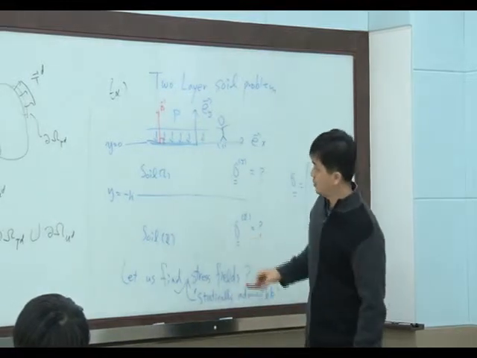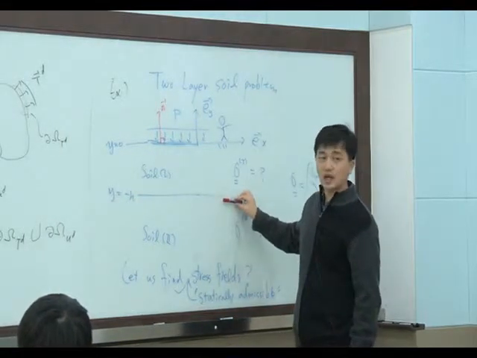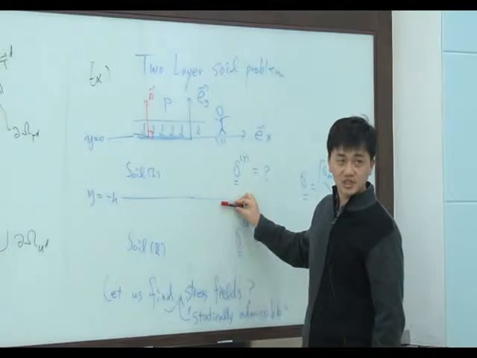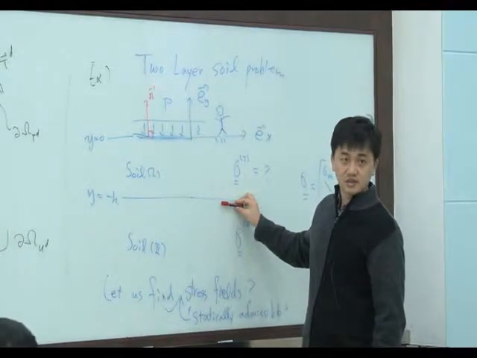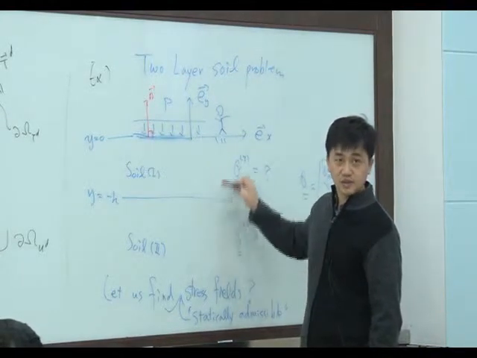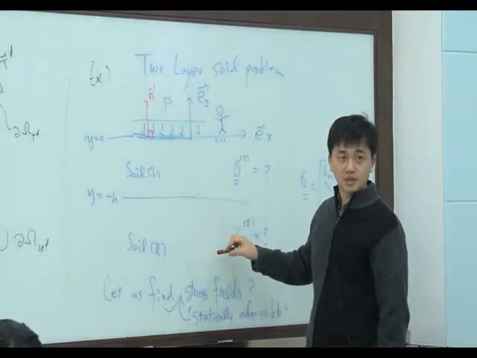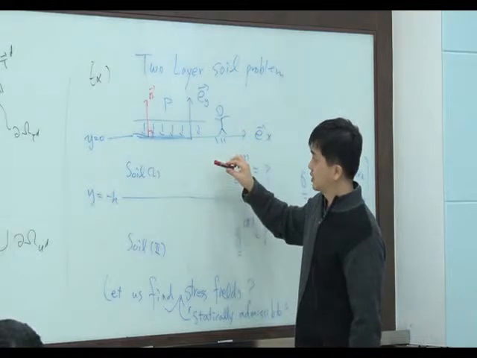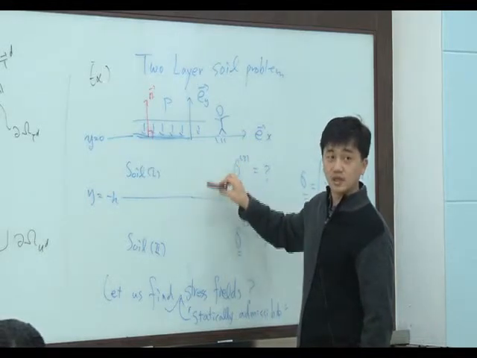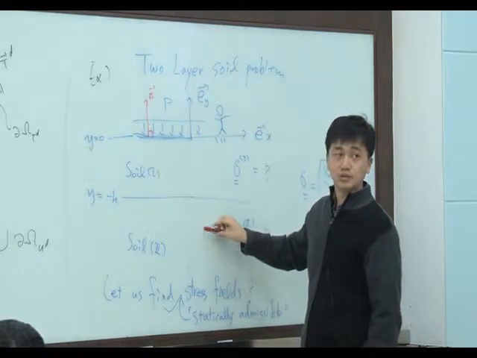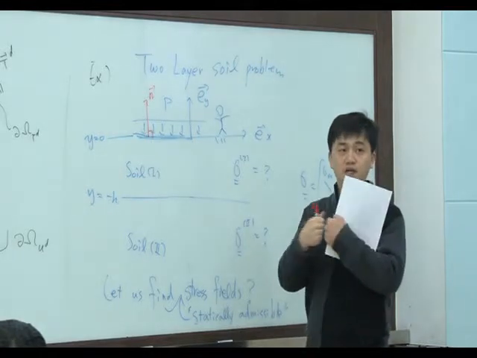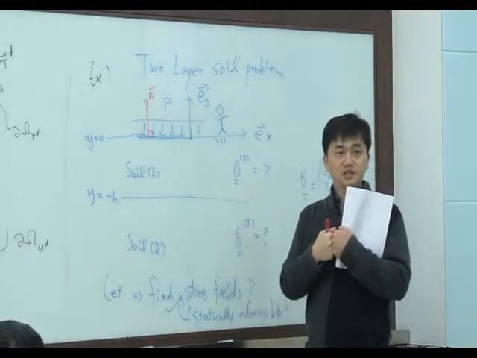Then now how about the equilibrium at y equal minus h? There should be some continuity in the stress field, right? Because soil layer 1 and soil layer 2 are facing each other, right?